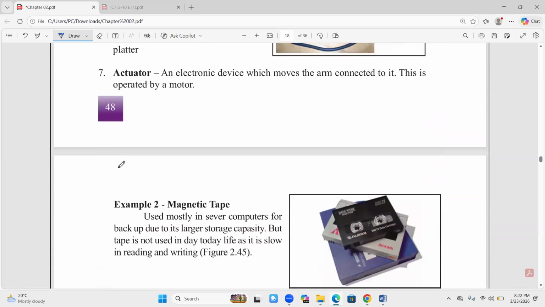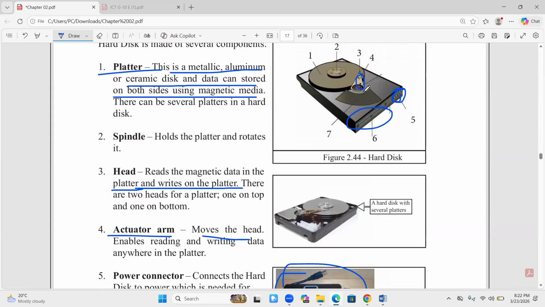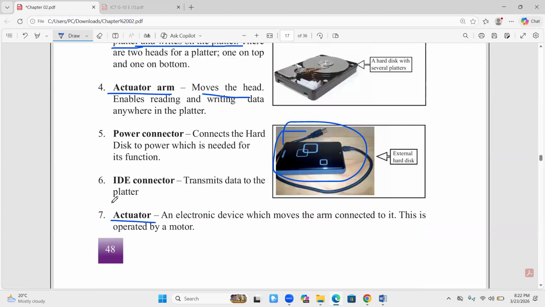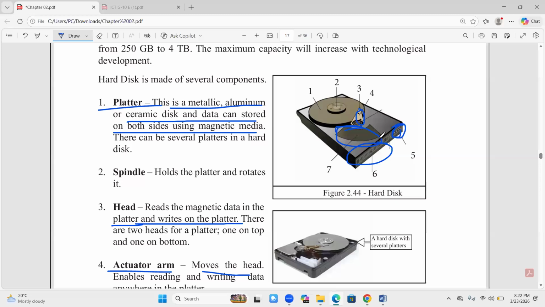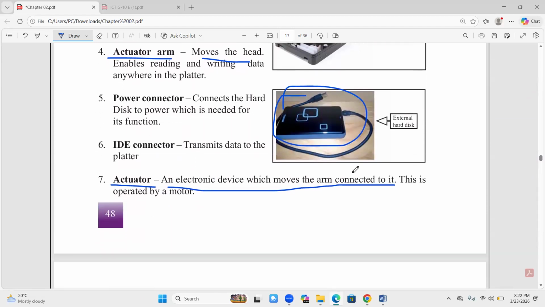And there is also another actuator, number 7, an electronic device which moves the arm connected to it. This is operated by a motor. So this one is called the actuator.